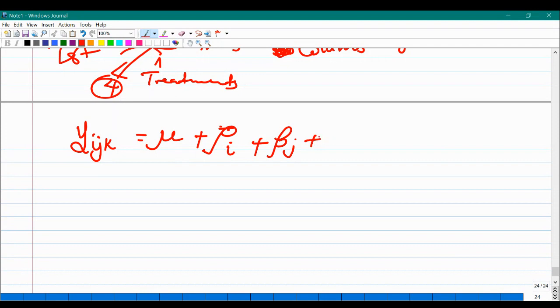We need another one now for what? We need another one for the Greek letters. So maybe let's save tau for the treatment. Now, can someone give me another Greek letter that you know? Say, alpha. Yes.